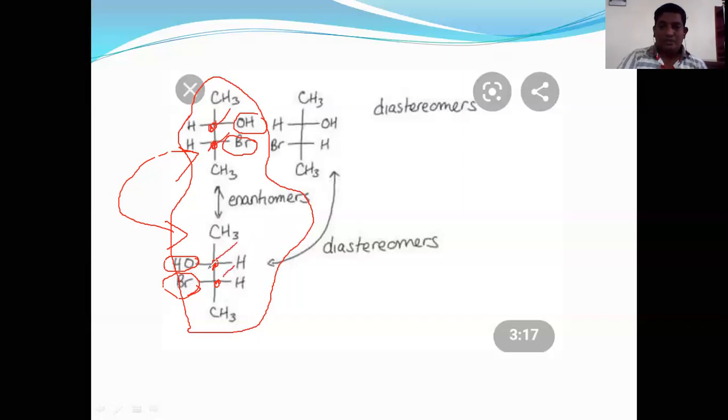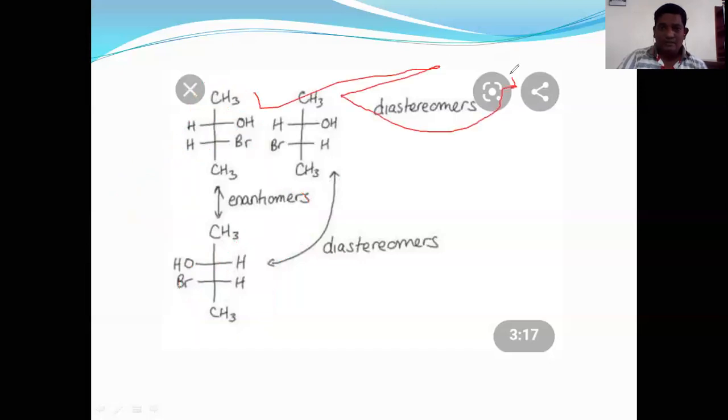So this is structure 1, it is 2 and it is 3. Enantiomers are 1 and 3.